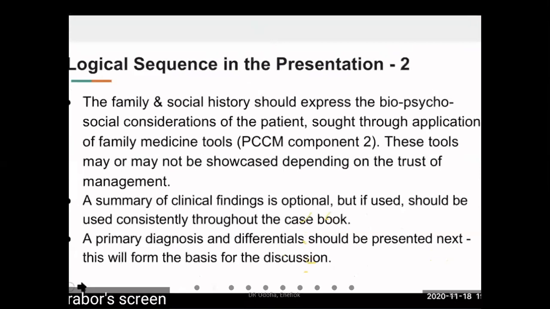Another aspect is that the family and social history should express the biopsychosocial considerations of this patient. Remember that through the family and social history, you'll be able to do so many things, identify so many components of person-centered care management, which is very important.